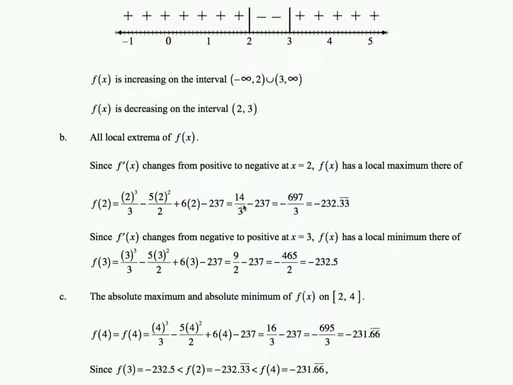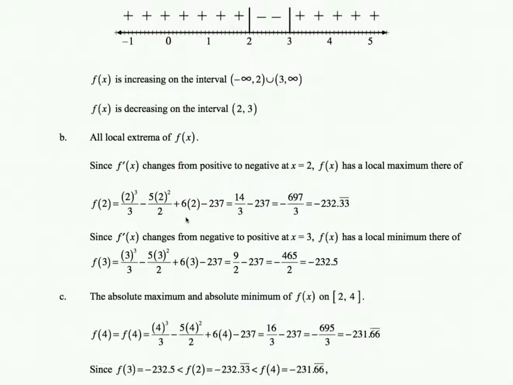So 14 thirds minus 237 is negative 697 over 3, negative 697 thirds, which as a decimal is negative 232.33, and the line over the 33 just means that these 3's continue to repeat and never terminate.